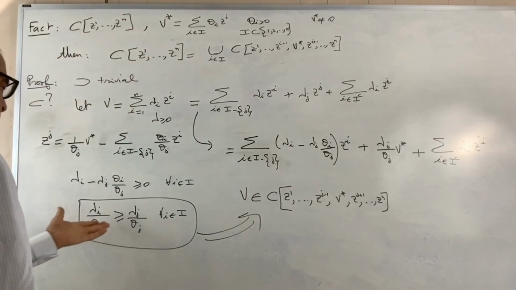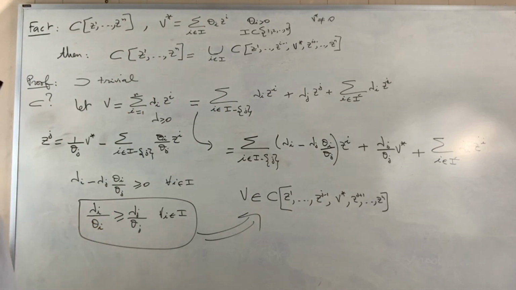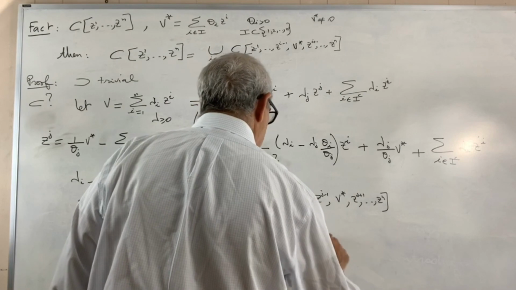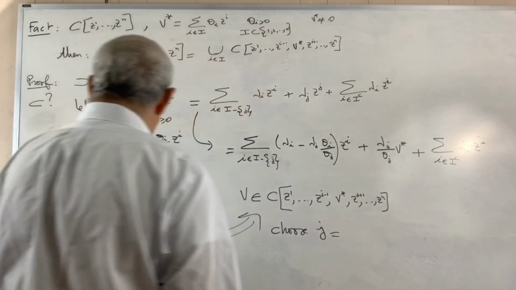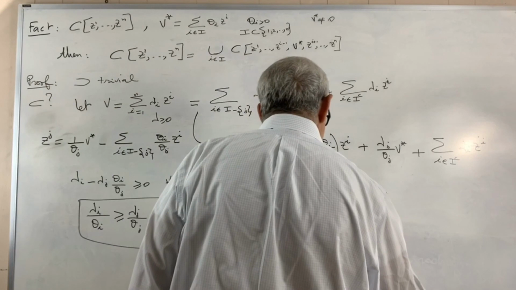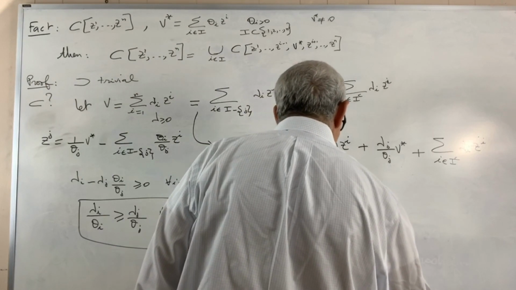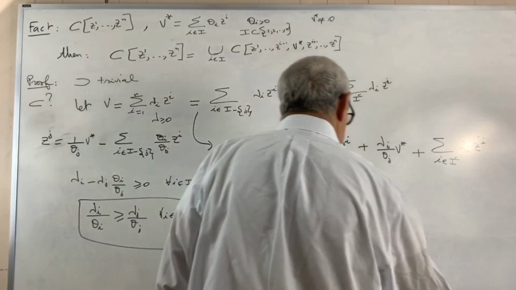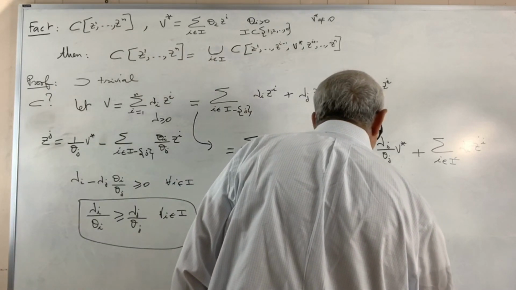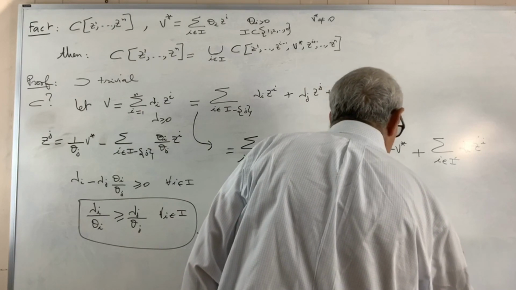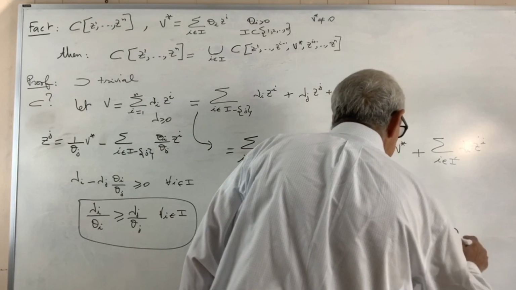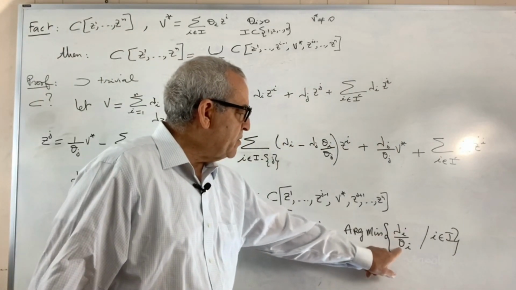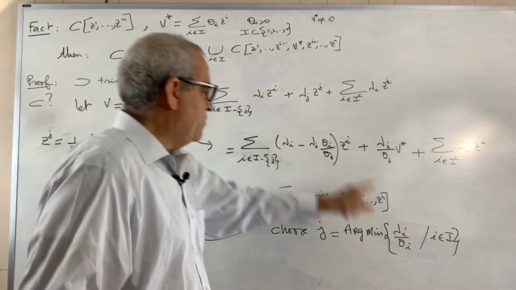So all we have to do to ensure this is choose j equal to the argmin of lambda i over theta i in I. If we select j such that this, remember the theta i's are strictly positive, so this is well defined.